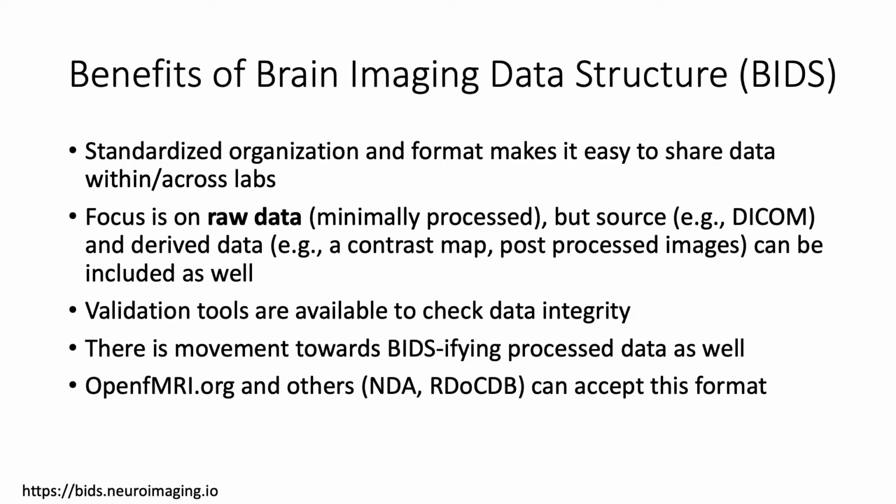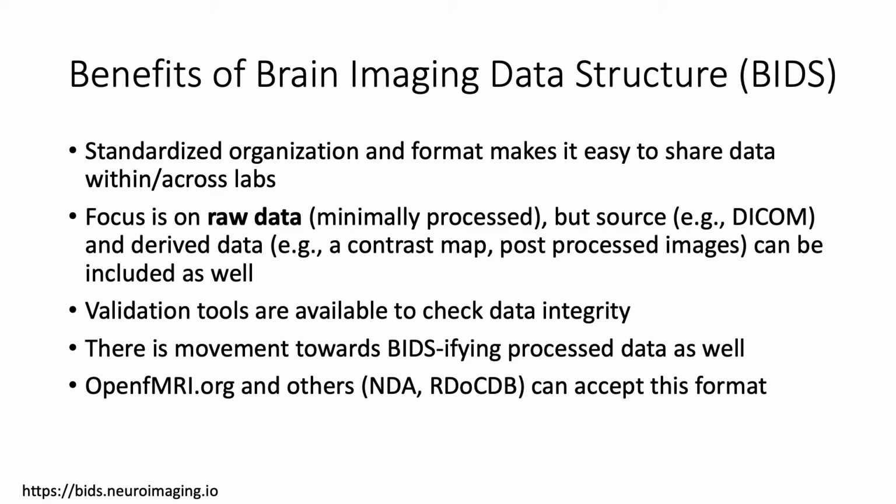One of the things about this method that we're going to talk about today, BIDS, or the Brain Imaging Data Structure, is that it started out with a focus on the raw data. By raw data, we mean minimally processed: you've taken the DICOM and converted it to a NIfTI file, but you haven't done anything else to it. So how do we organize that?